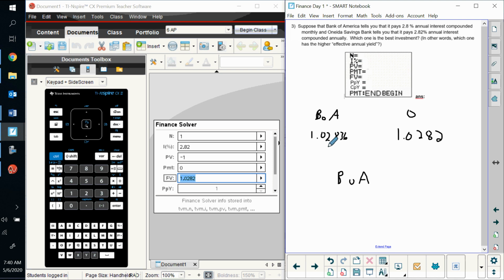So essentially what this is showing is Bank of America's effective annual yield would be 2.836%. So getting 2.8% monthly is the same as getting 2.836% annually. So it has a higher effective annual yield than the Oneida one.